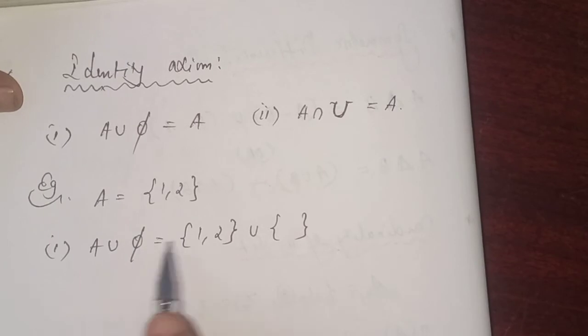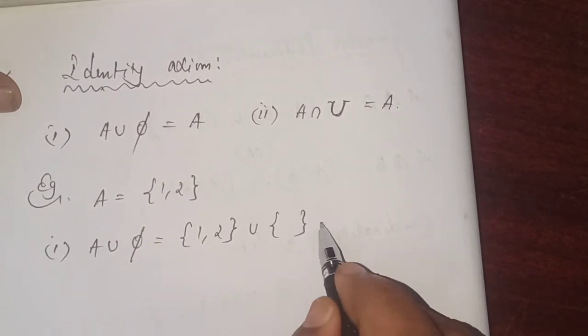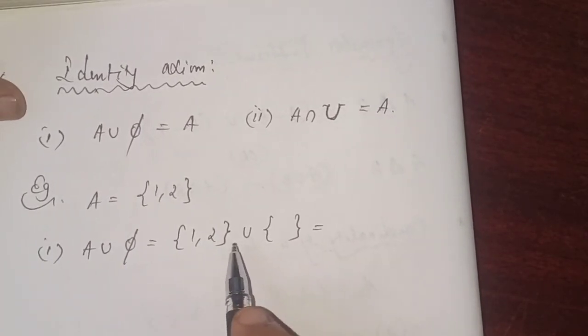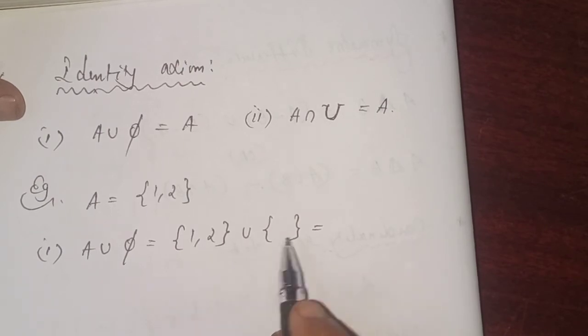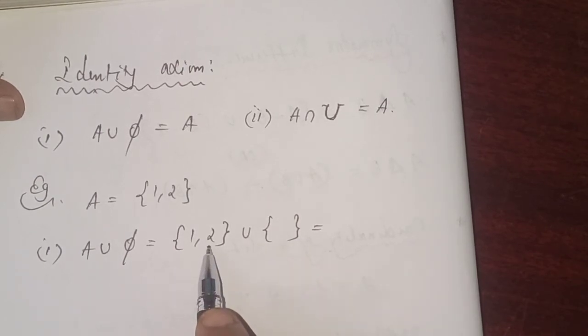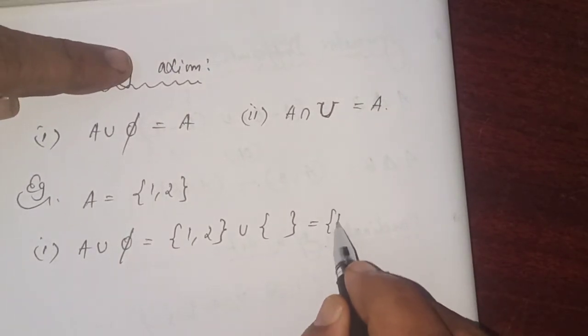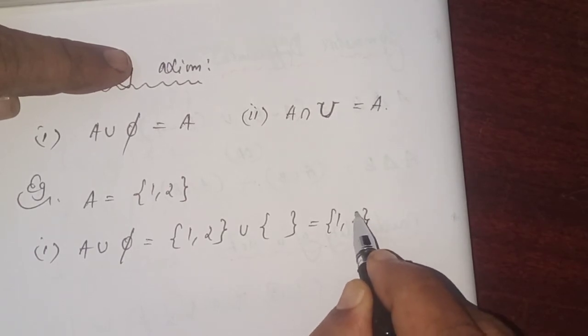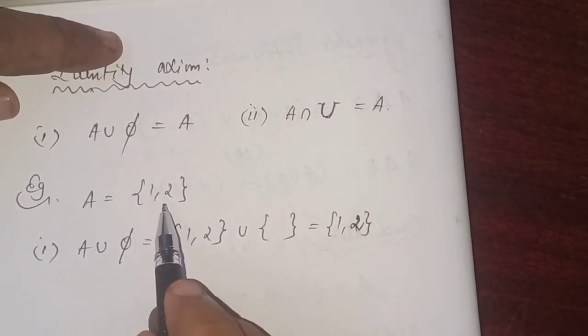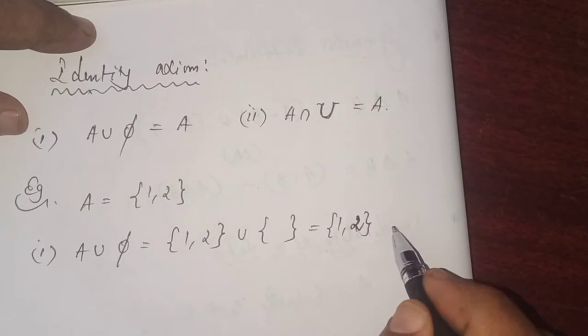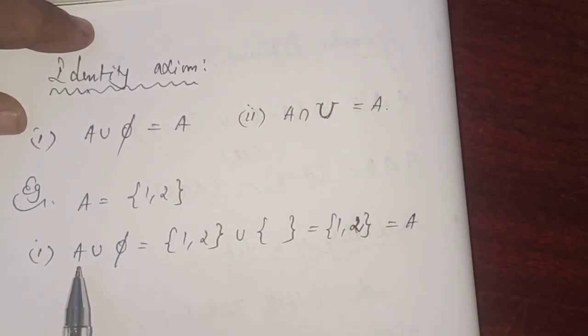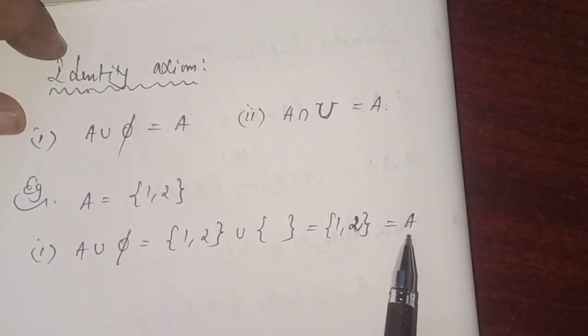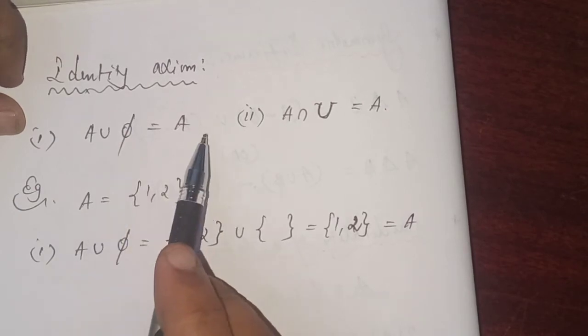Union means you have to take all the elements of the 2 sets. We have only 2 elements. What are they? 1 and 2. Write 1 and 2. What is it? A. Now we have proved A union empty set is A only.